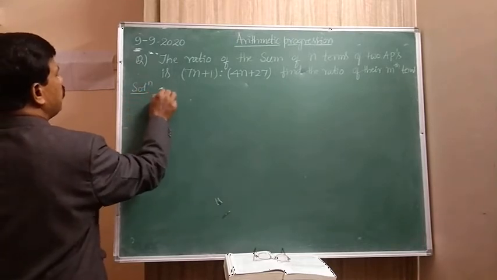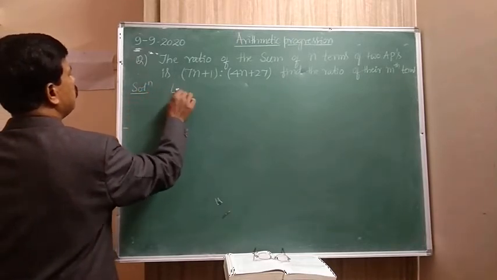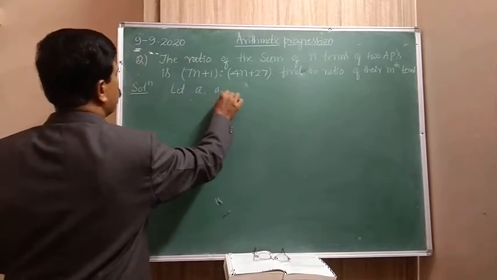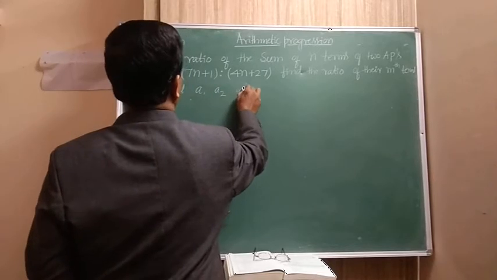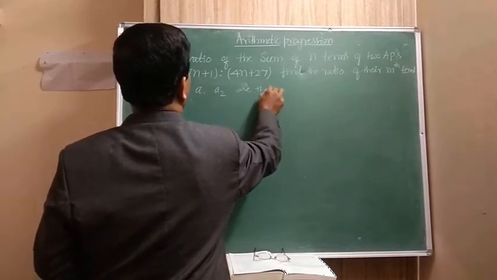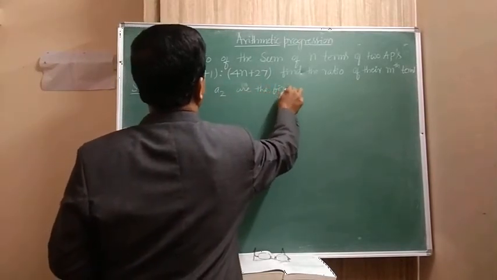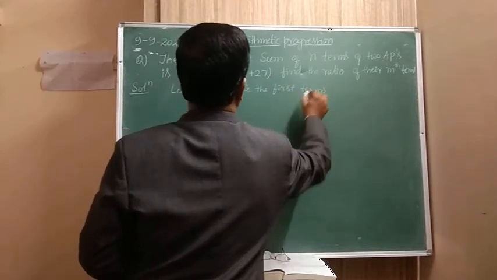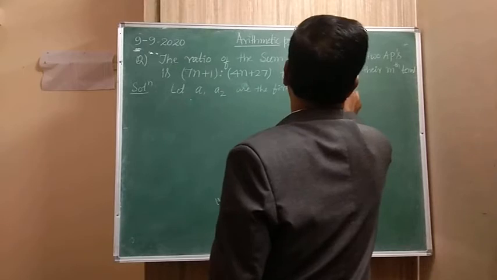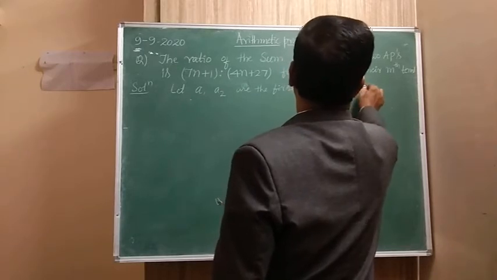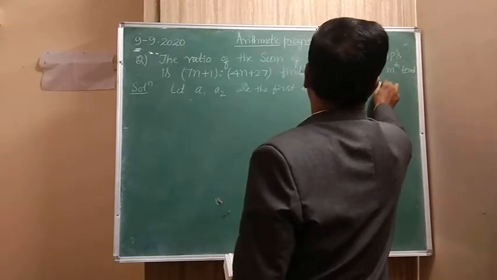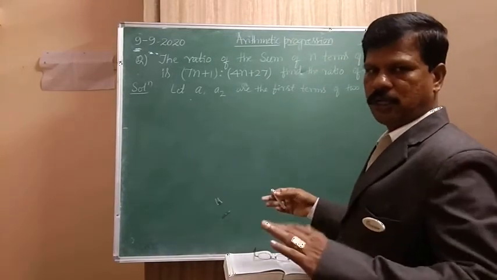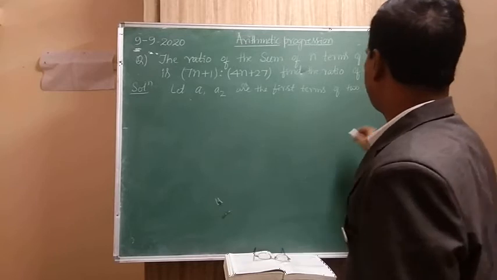Solution. Let A1, A2 be the first terms of two APs. You can take it as a small a and capital A also, nothing wrong. So just you write down like this.